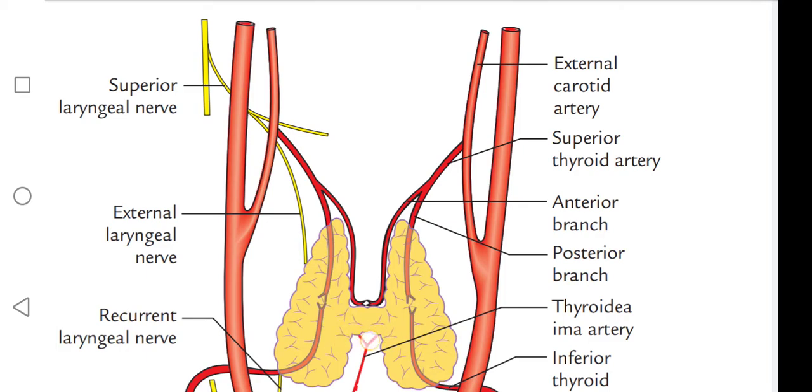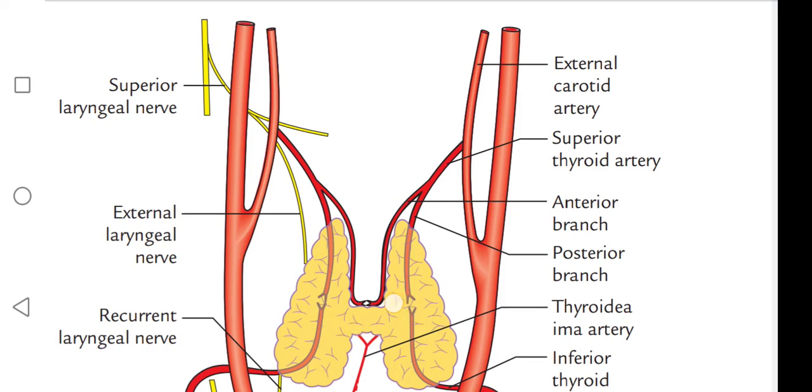This is the isthmus, which is horizontal and has two surfaces, anterior and posterior, and two borders, upper, that means superior, and lower, that is inferior. Anteriorly it is related to the two strap muscles, sternothyroid and sternohyoid. No omohyoid is related to this.